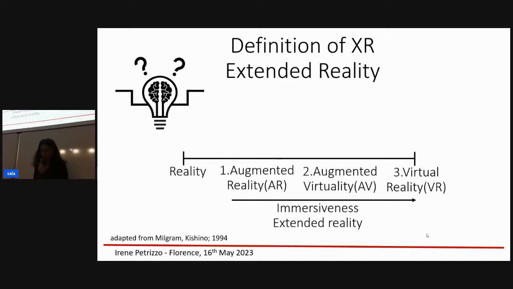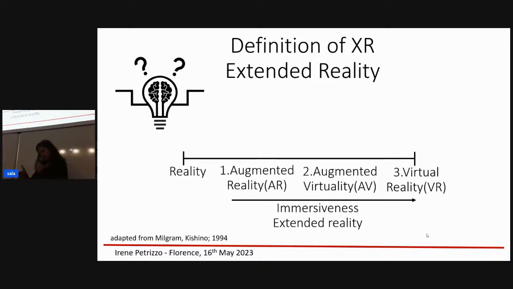So if we imagine a spectrum where we have reality as we perceive it on one end and pure virtual reality on the other end, where every element that we perceive has been virtually generated, then things like augmented reality and augmented virtuality that you might have heard about are placed in the middle. And what changes is the proportion between real elements and virtual elements.